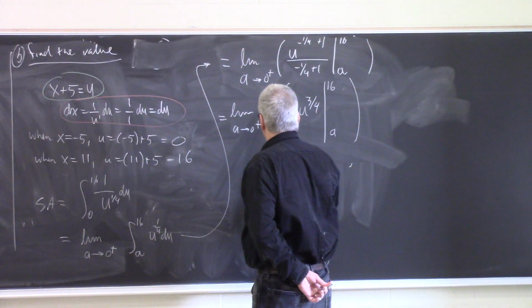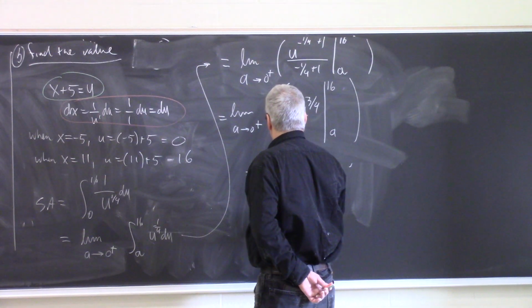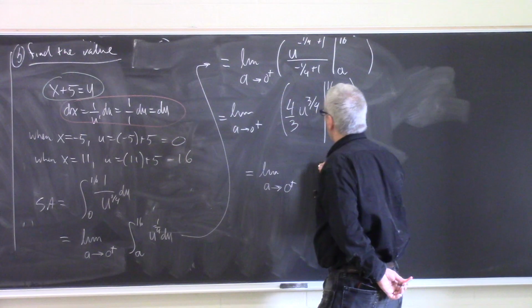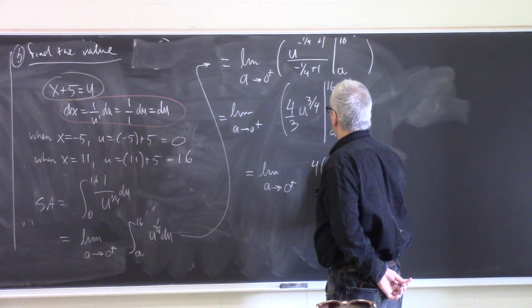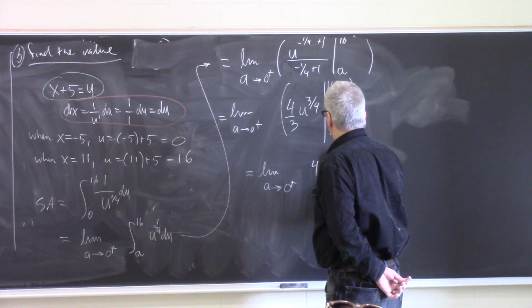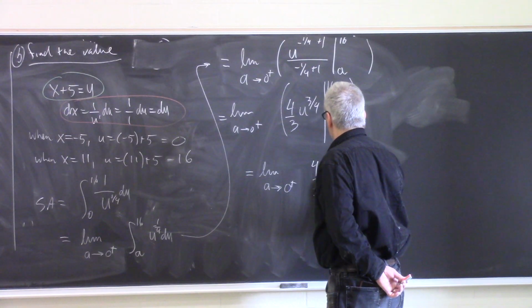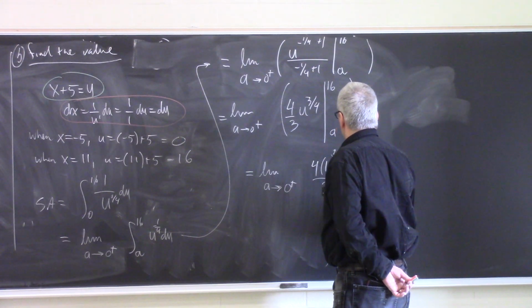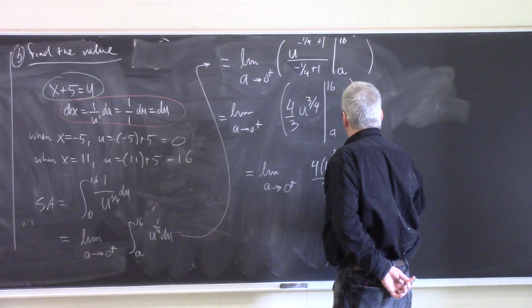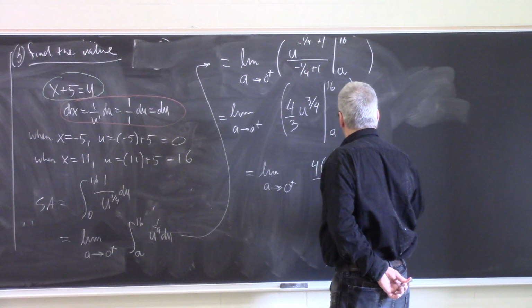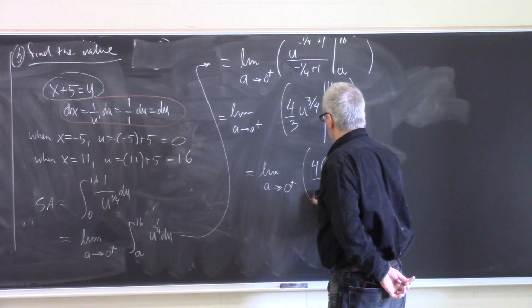So this is the limit as a goes to 0 from the right of 4 times 16 to the 3/4 over 3 minus 4 times a to the 3/4 over 3.